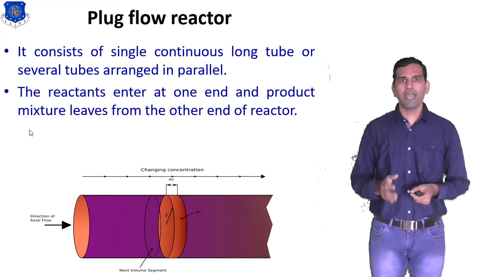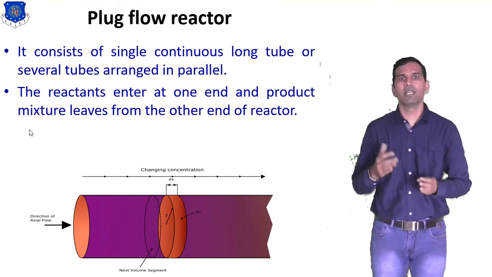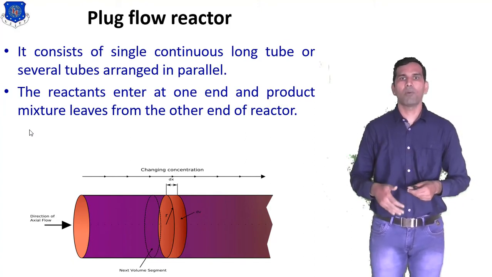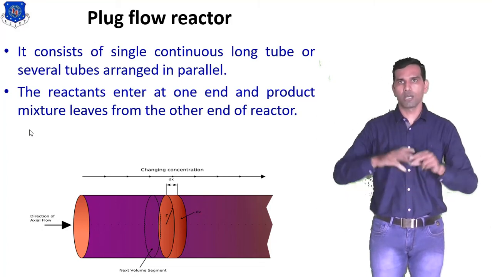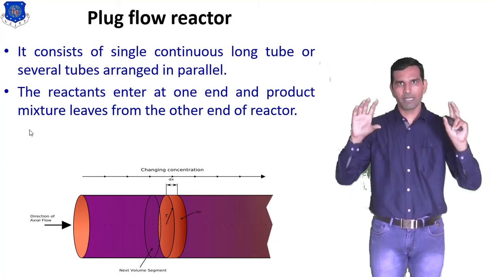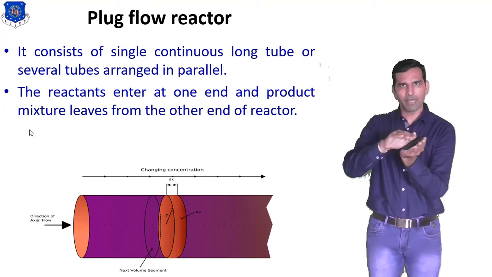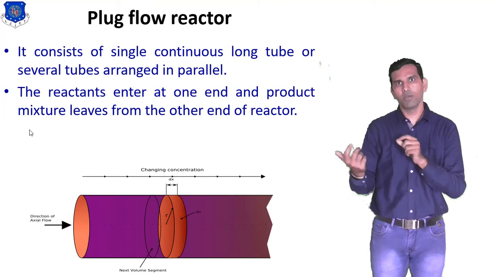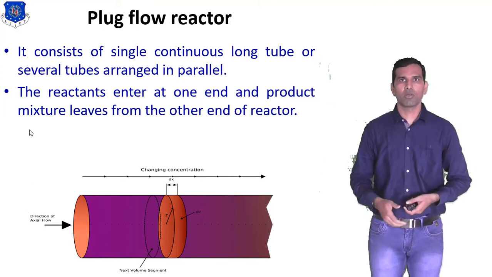The reactant enters at one end and the product mixture leaves from the other end. So this is nothing but one closed long tube, and in this tube we add reactant at one end and the product leaves from the other end. So this is a simple plug flow reactor.